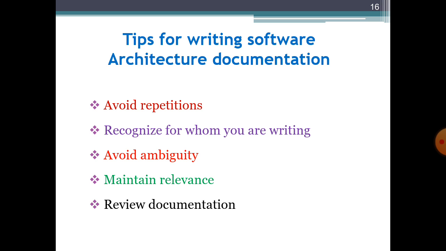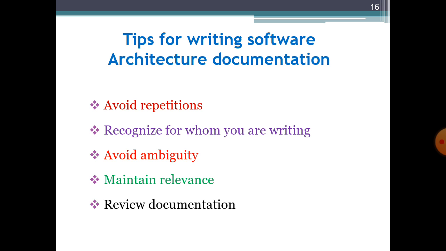And the last point is review documentation, which is the most important tip for writing any good software architecture. You should periodically, students, review the documentation so that you are most likely to find places that have lost relevance and are worth updating. In this review, also try to share documentation with stakeholders and ask for their opinion as well.